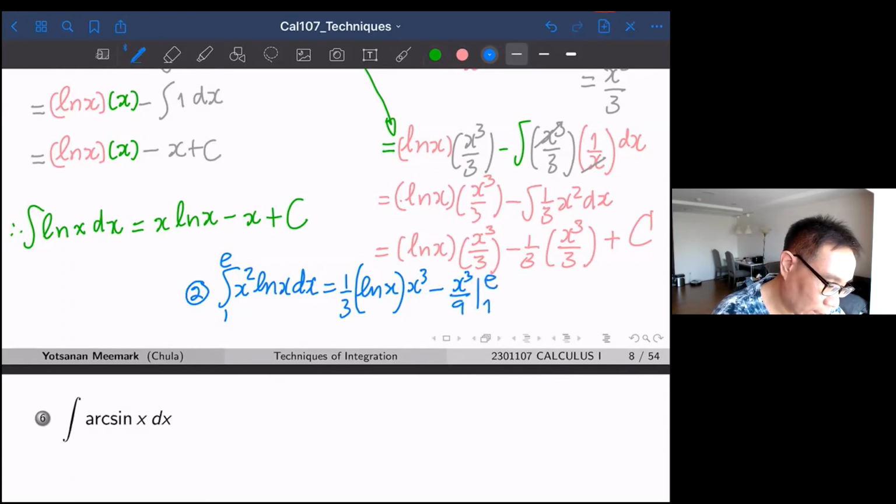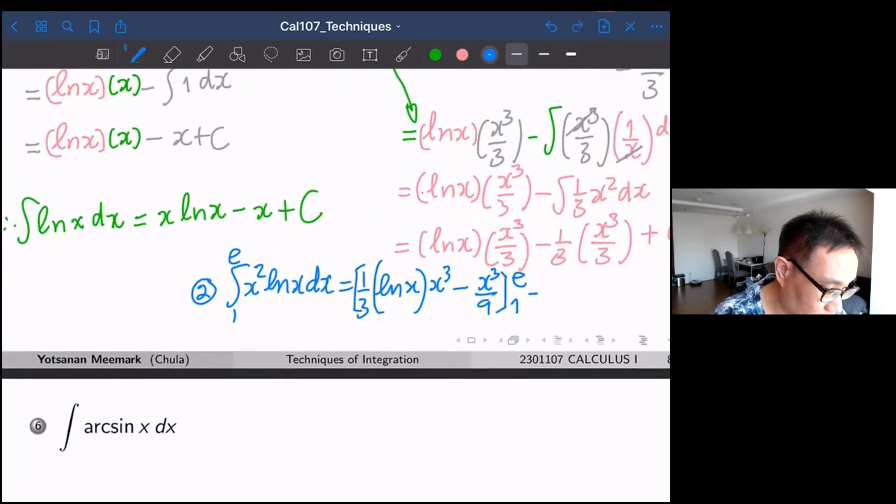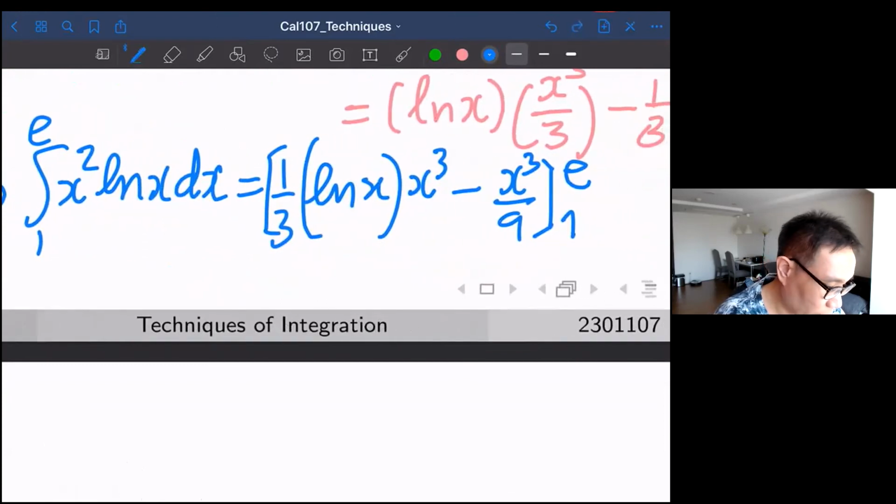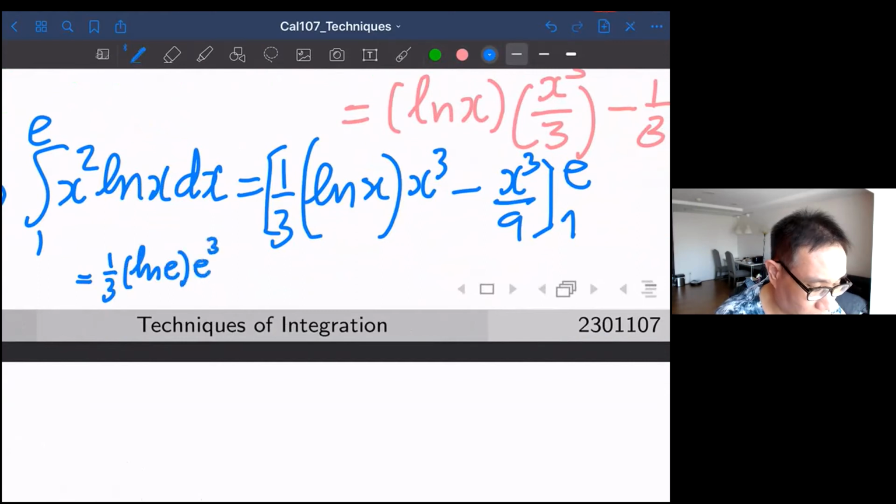Okay, so like I mentioned earlier, don't forget that you have to put in e and put in 1 for both terms here. So for this guy, let me enlarge this one, and I will have enough space. So this one is going to be 1/3, and it's going to be log e multiplied with e to the third, minus e to the third over 9.